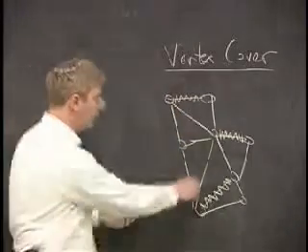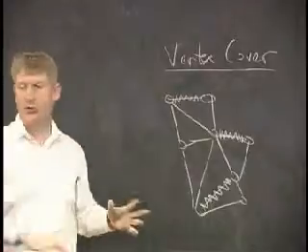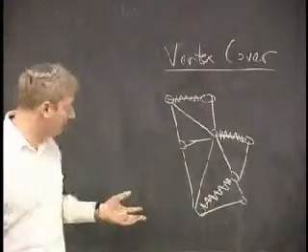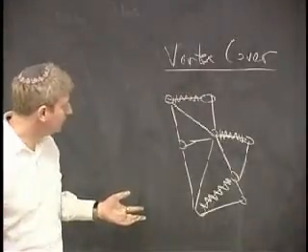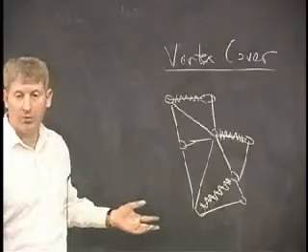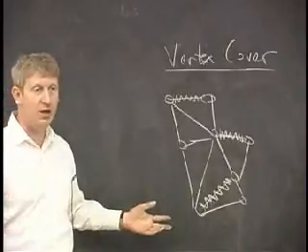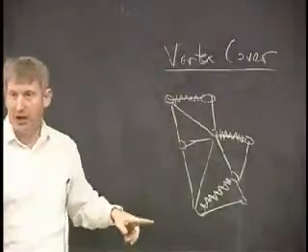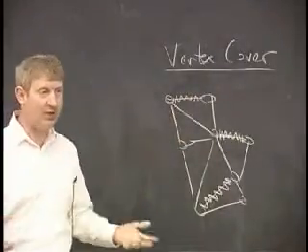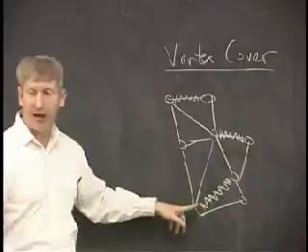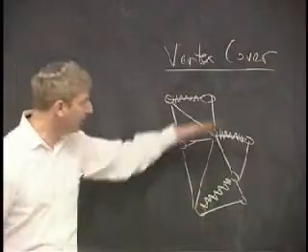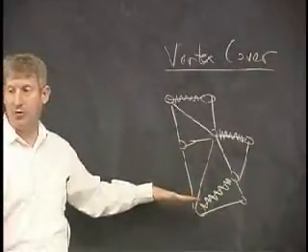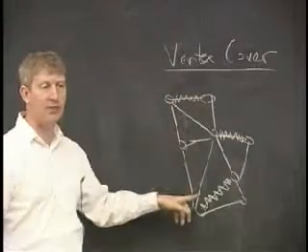It's possible that if I picked exactly 3, it would cover all the other edges too. And in fact, does it? I think I might need 4. But it's possible that I could get it all with 3. But I need at least 3 because the hatched edges that I just scribbled on have to get covered. And if they have to get covered, then either one end or the other has to be covered. And they're all independent. They don't share any nodes. So I need at least 3 to cover this graph.